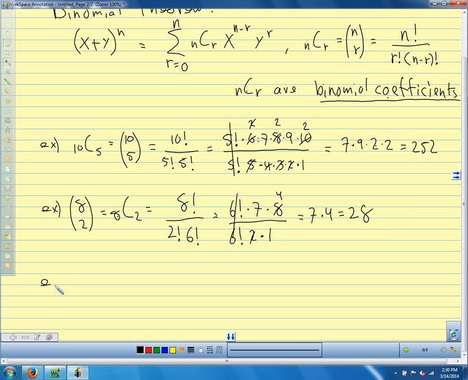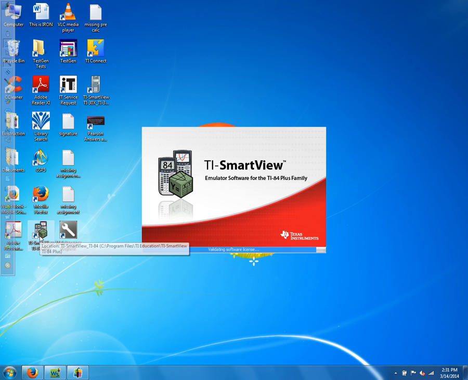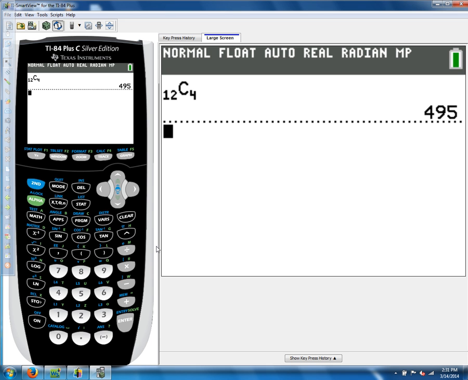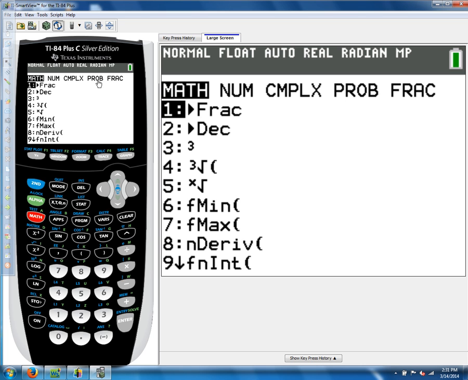The next one let's do in our calculator. So this is going to be 12C4. So let me get the calculator going here. In your calculator, your NCR is in the math menu, and we're going to go over to probability.